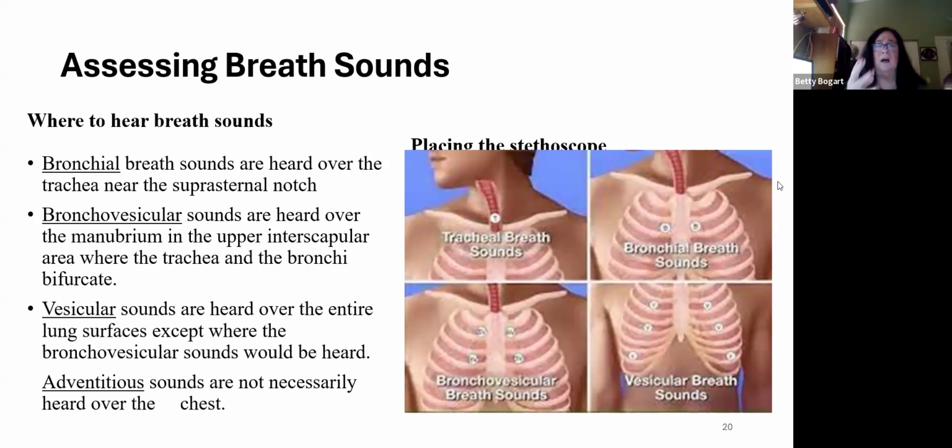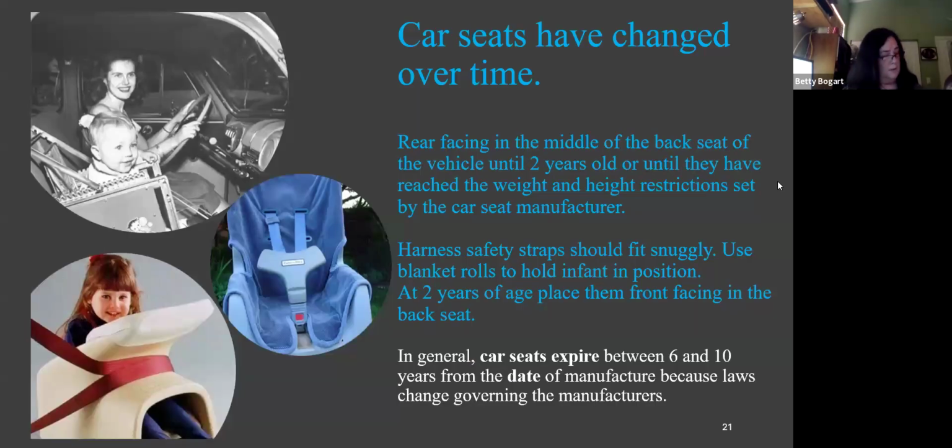There are breath sounds on children that always sound gurgly, like rhonchi, but that's upper airway. So always listen to the upper airway to make sure the lower airway is clear and it's not the upper airway making that sound.